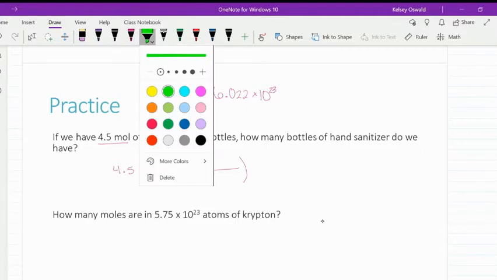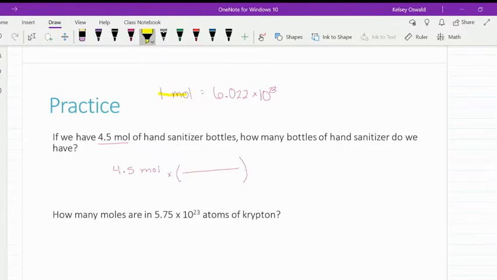Thankfully, we have this new equality statement or conversion factor that 1 mole of hand sanitizer bottles is equal to 6.022 times 10 to the 23rd bottles.